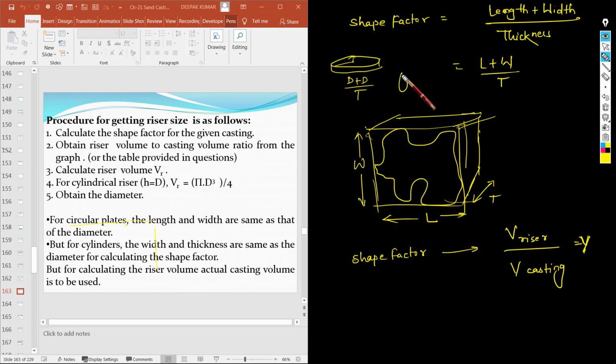So in case of a cylinder, this is length, this one is width and the thickness is this one.